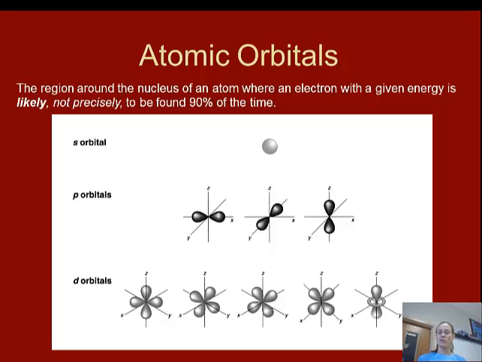With the P orbitals, you can see the first one is oriented along the x-axis, where the second, that middle P orbital, is actually oriented along the y-axis, which would be coming out toward us. And then that third P orbital is oriented along the z-axis. And the same thing for the D orbitals, those would be oriented differently.